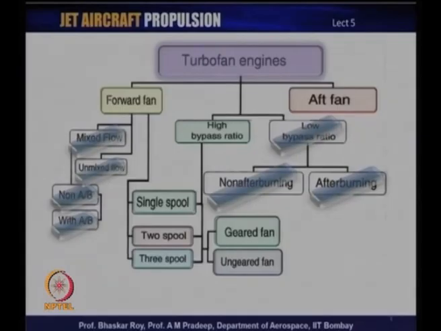Turbofans come in various shapes, sizes, and of course, various thrust categories. On the left hand side again we will see a few of them which are mixed flow and unmixed flow, non-afterburning and afterburning. Some of these appear on the right side also.